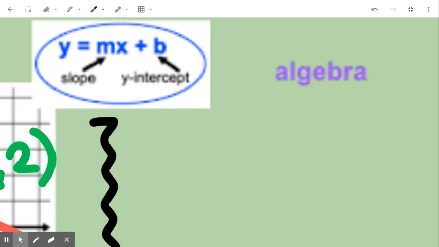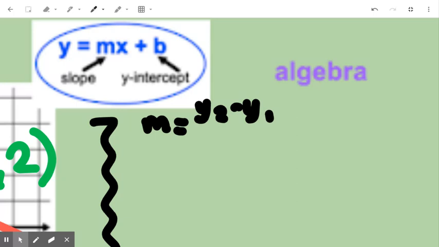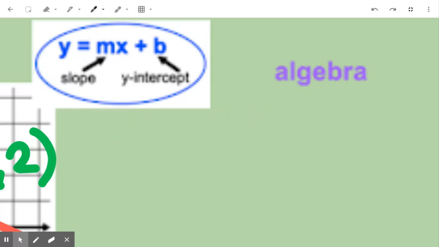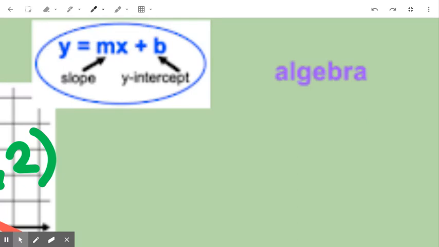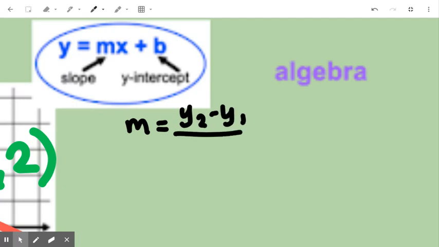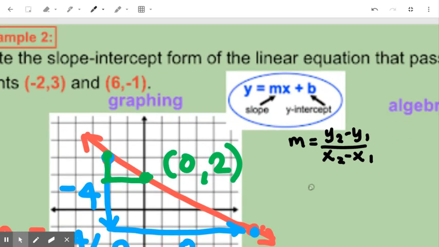So our slope, if you remember, is going to be y2 minus y1 over x2 minus x1. If I come back over here to my points, I'm going to call this (x1, y1), point 1, and this (x2, y2), point 2.